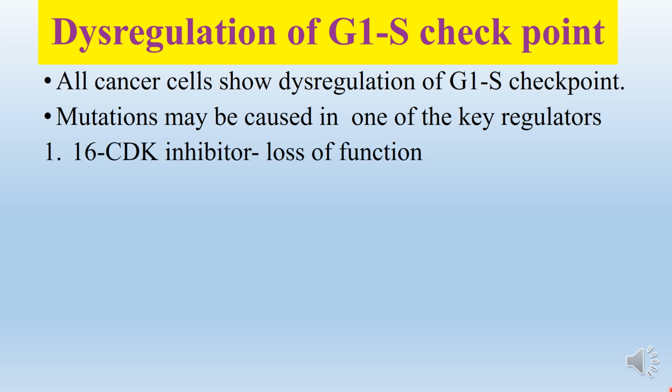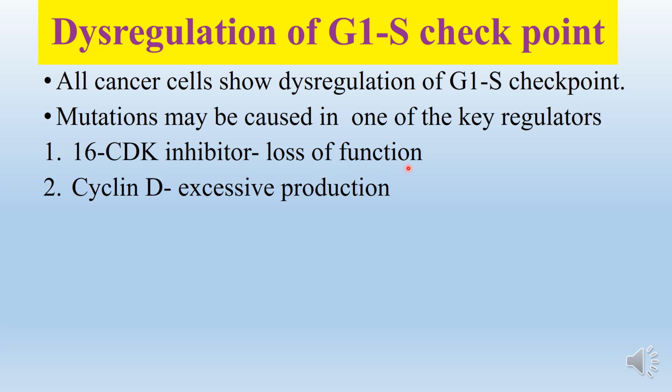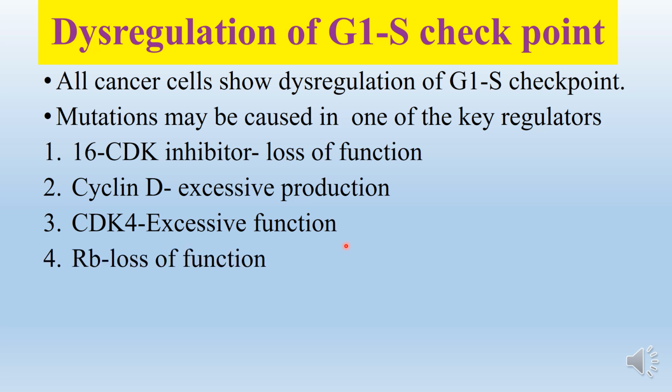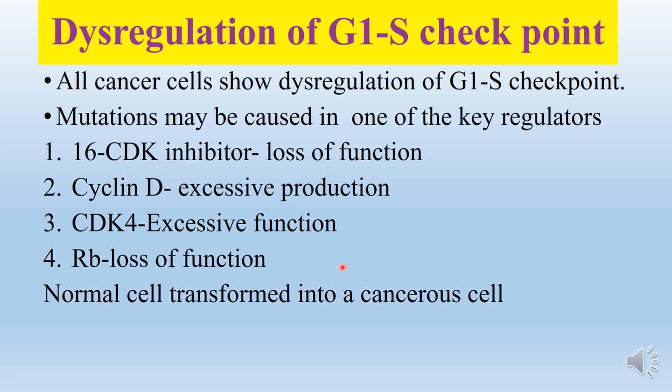It can be P16 CDK inhibitor loss of function, cyclin D excessive production, CDK4 excessive function, or retinoblastoma loss of function. So these can be one of the causes of dysregulation of the G1S checkpoint. Normal cells in this case are transformed into cancerous cells.